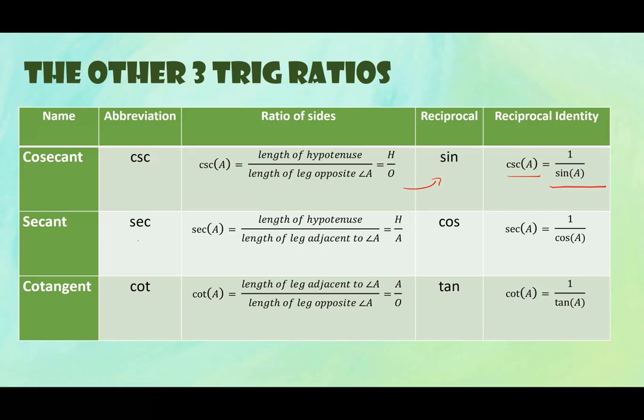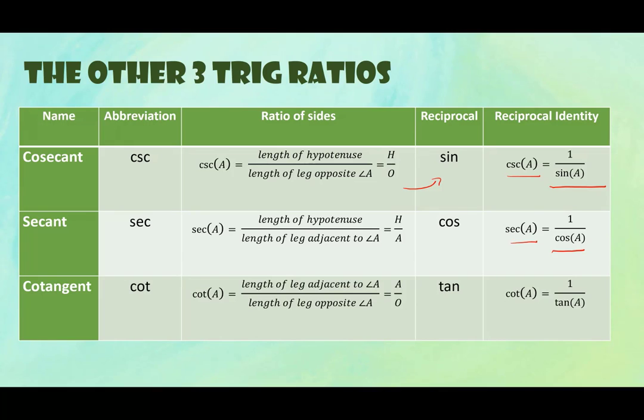We also have secant, abbreviated SEC, and secant of A is going to be the length of the hypotenuse over the length of the side leg adjacent to angle A. And that's going to be H over A. And again, if you flip these, you'll get cosine, because secant is the reciprocal of cosine.